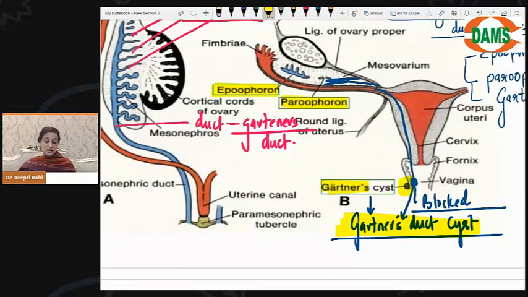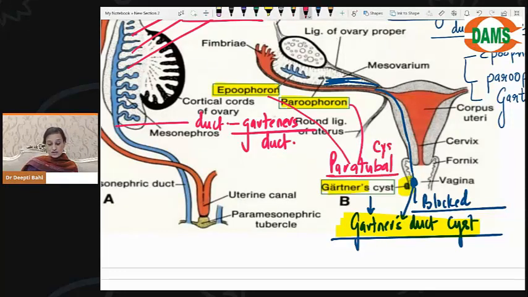Similarly, the epophoron and parophoron can present as what? Both of them can present as paratubal cyst. Paratubal means around the tubes, right?